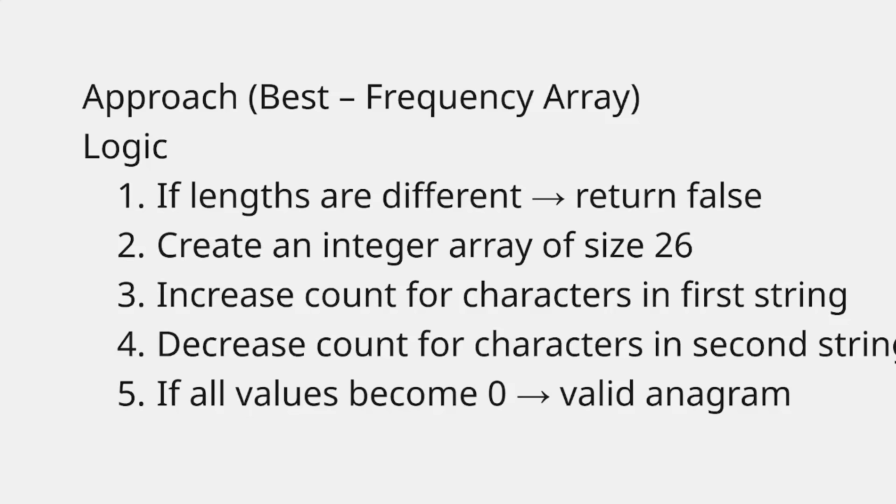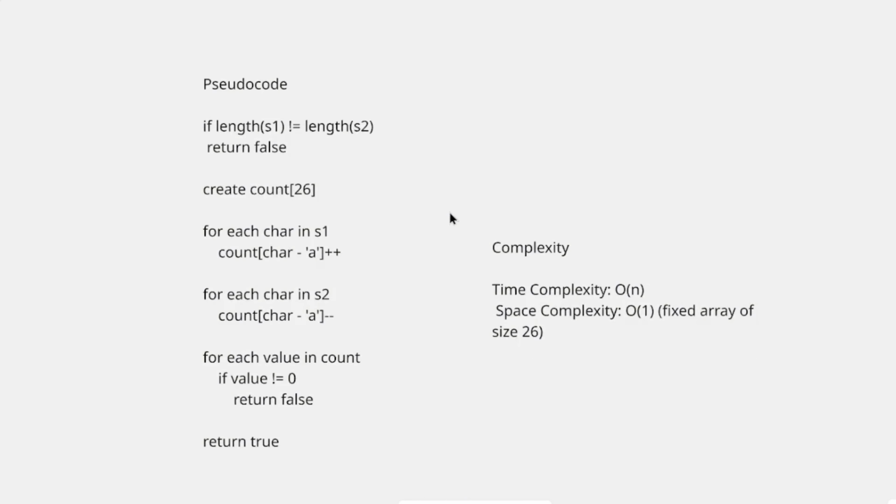So let's see the pseudocode and the time complexity. In the pseudocode, you're just checking the condition: whether the length of string 1 and the length of string 2 are equal or not. If it's equal, we move to the further step.